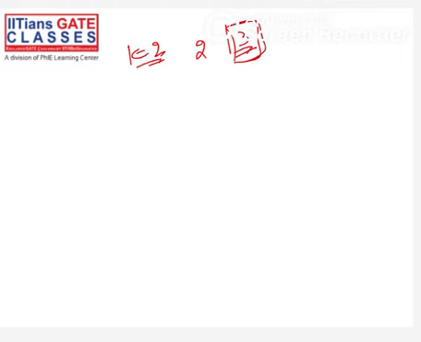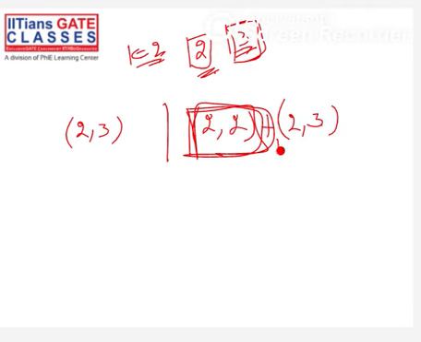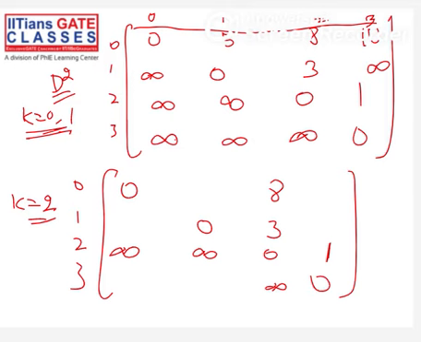From any value at 2, I'm going to 3. That means 2 to 3, and then the second value is 2 to 2 plus 2 to 3. Basically, you're trying to add something to the current value. So the worst case is you'll add 0 to the current value. So these values are not going to affect. All right, so this is why no update is required when you're at the kth row or kth column. Right, that's the shortcut.